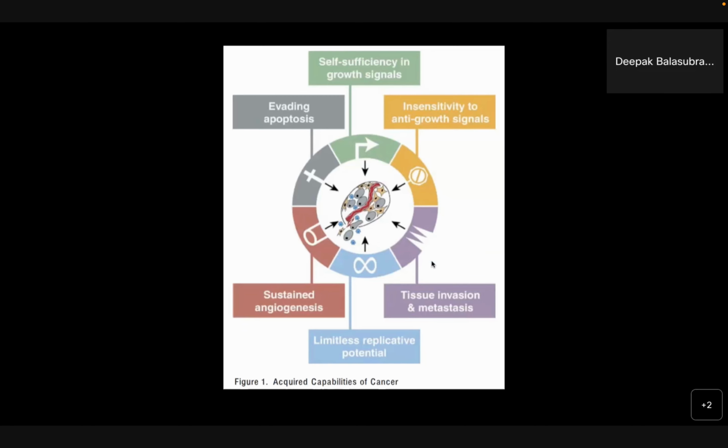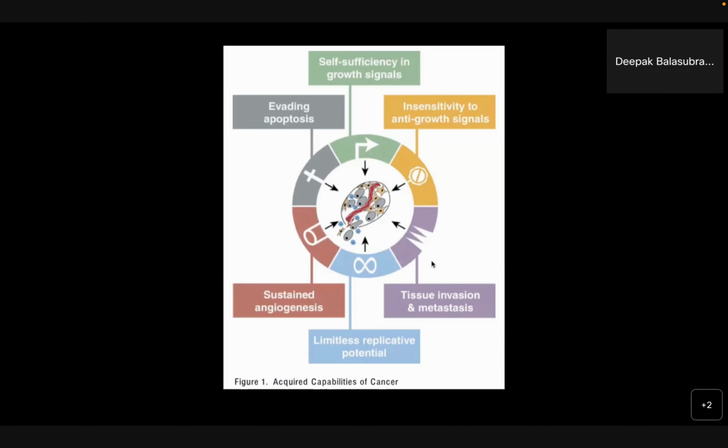And the most important thing is that they are able to sustain angiogenesis, because without blood, there is no tumor growth. So they are able to sustain angiogenesis as long as the tumor remains in situ. And finally, they are able to evade apoptosis. So once you evade apoptosis, then you have limitless potential to replicate.